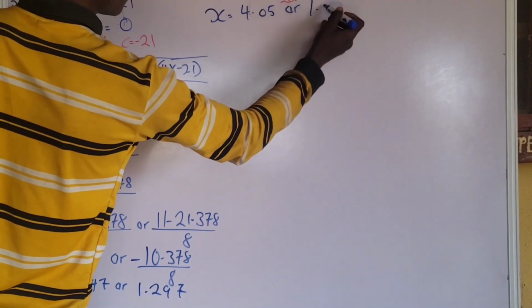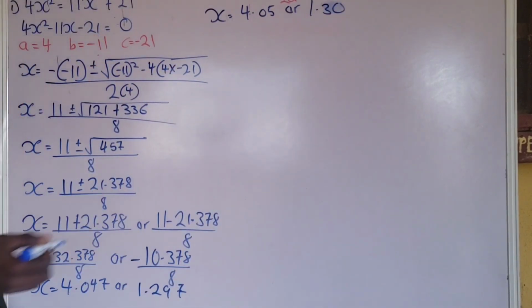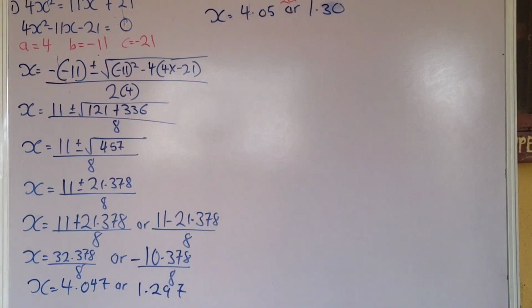Okay, because in some cases you might be asked to approximate to maybe 2 decimal places, 3 decimal places, depending on the question. So that is the value of x that makes the quadratic equation 4x squared minus 11x minus 21 equals to 0. Okay, so let's have the second question.